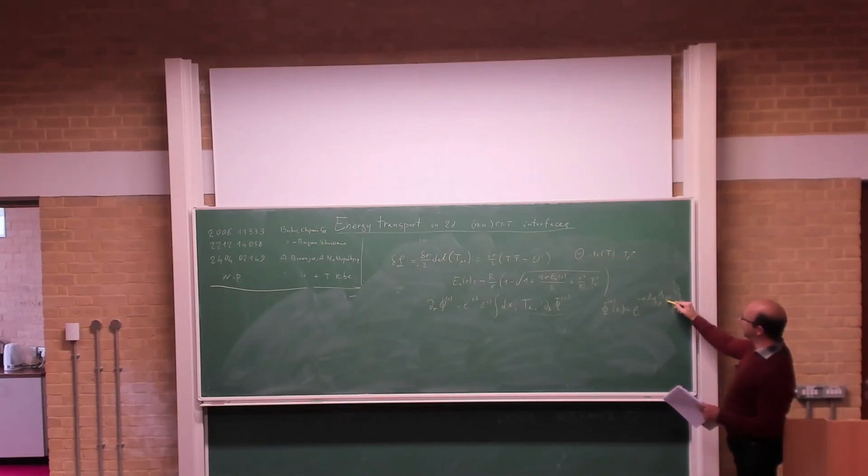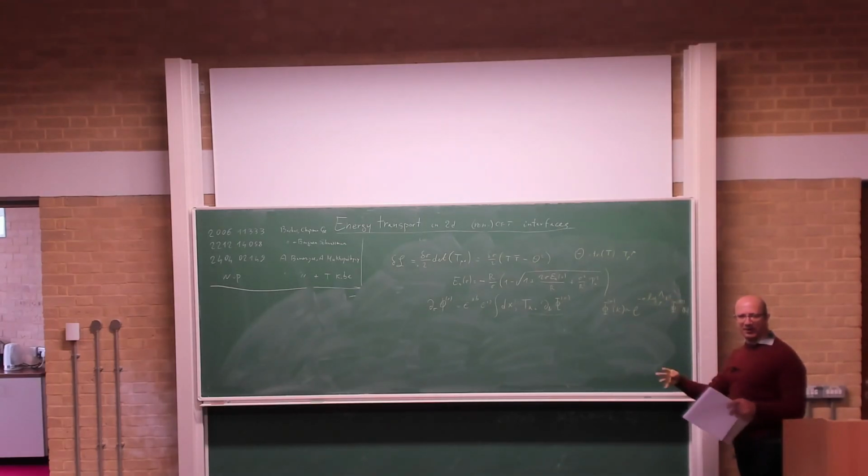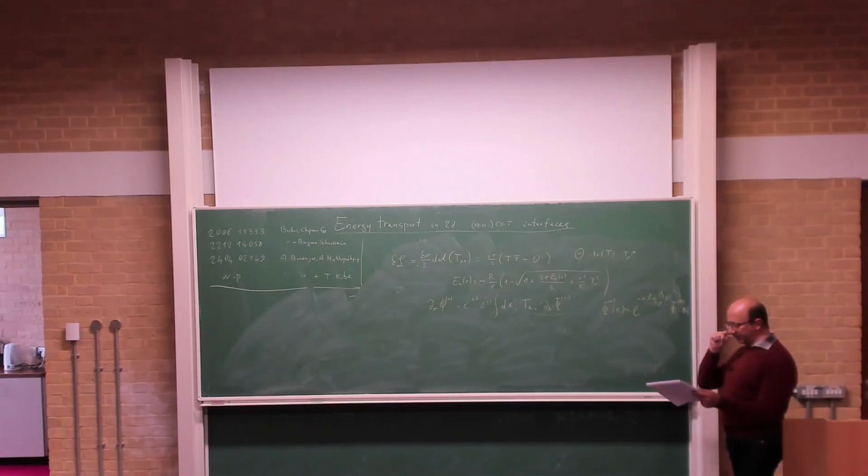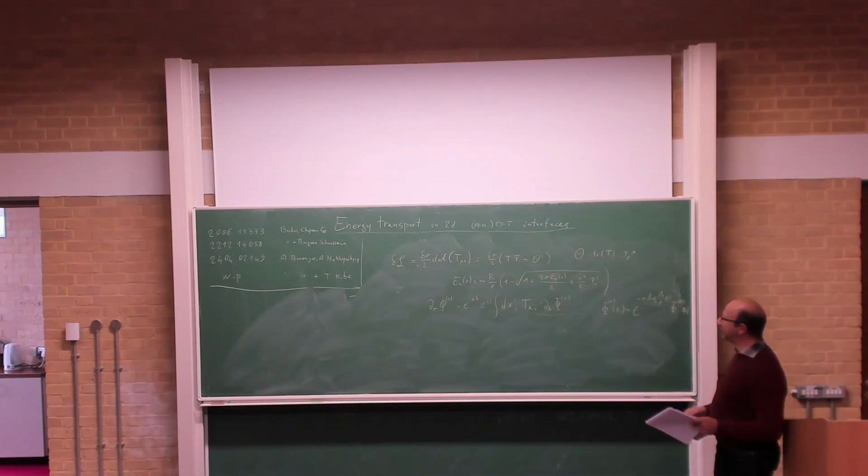I call it diffusivity because of this k-squared dependence. So the particle tends to want to delocalize after the deformation. This can be seen also in many other different ways.